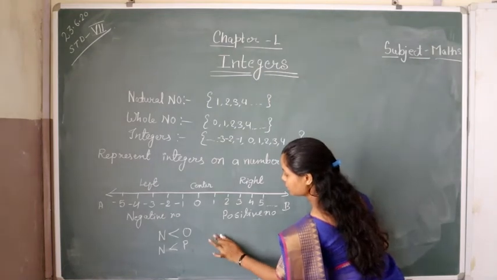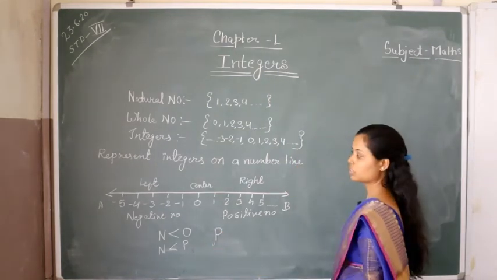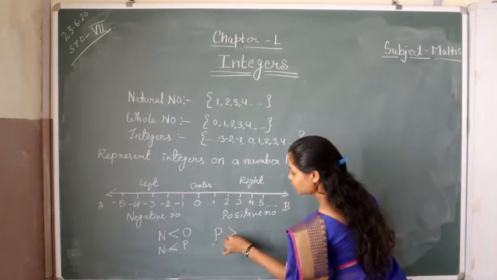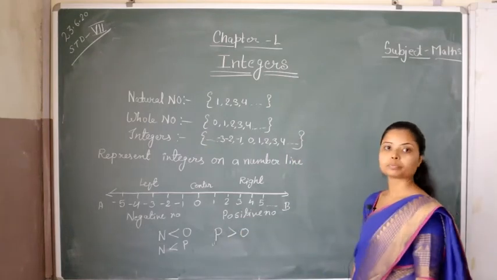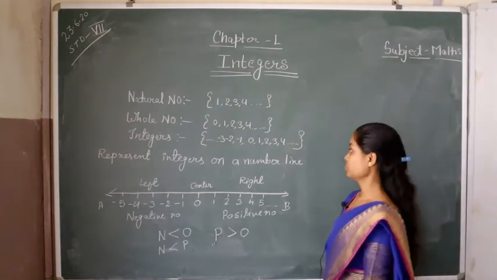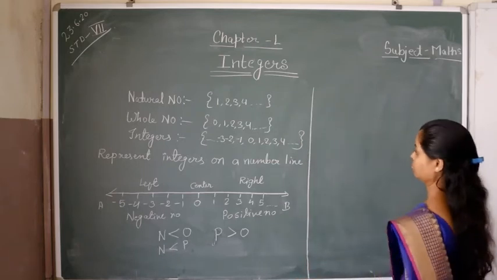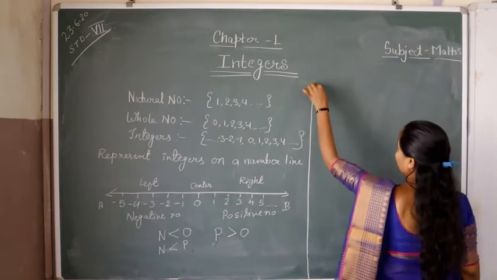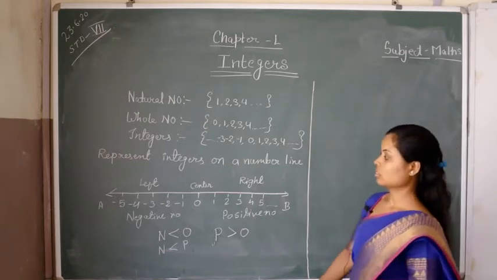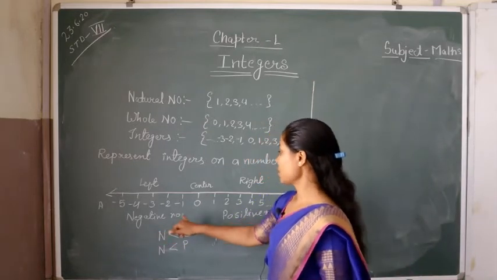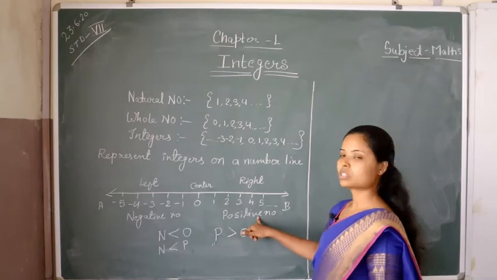And the next one is, positive numbers are always bigger than 0. Negative numbers are smaller than positive numbers.